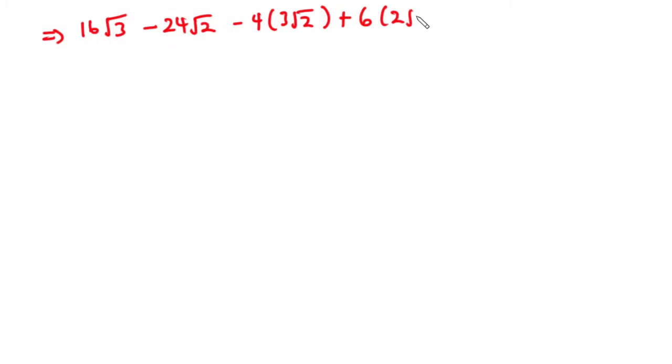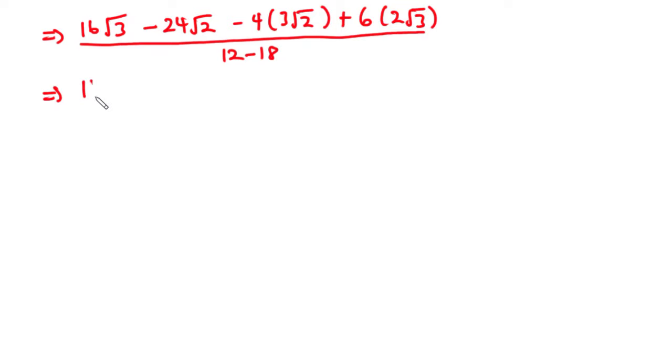So we had 16 root 3 minus 24 root 2 minus 4 into bracket 3 root 2 plus 6 into bracket 2 root 3, divided by 12 minus 18.